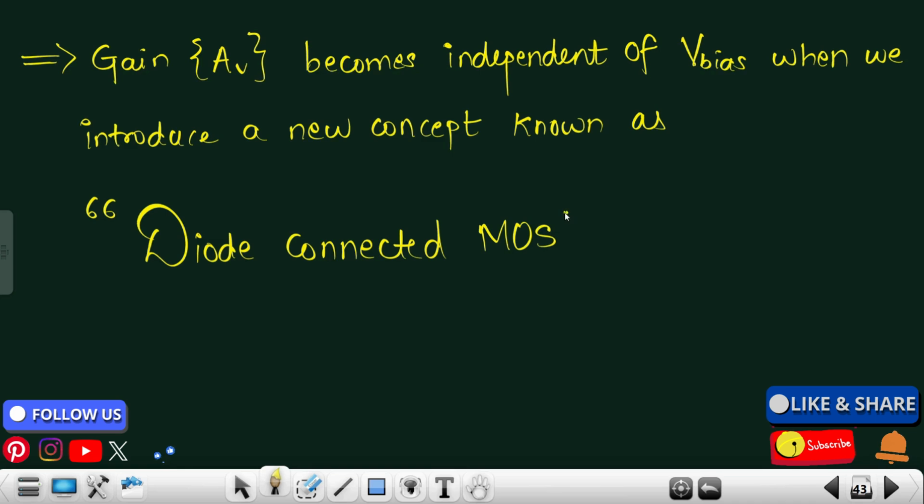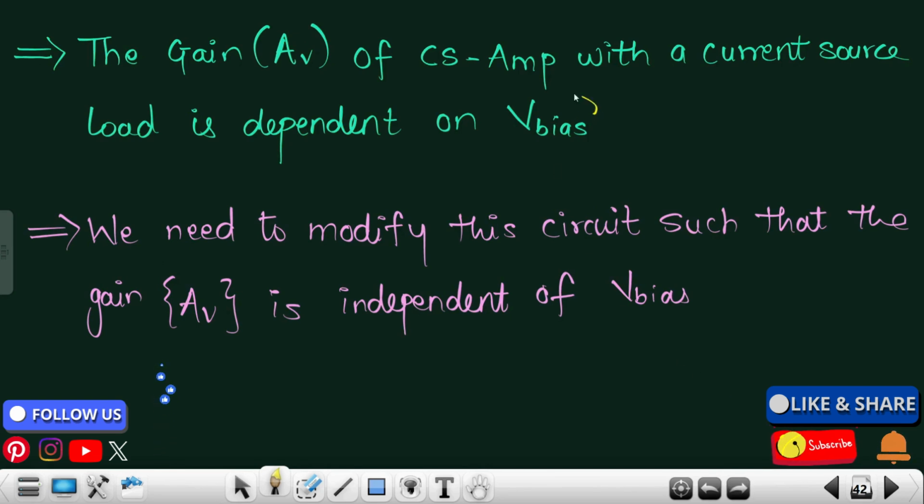Just by using this concept, we will see how exactly we make AV independent of Vbias, right? So don't worry about it.